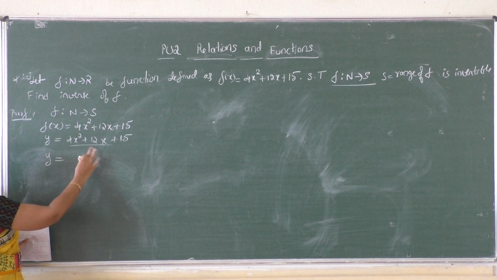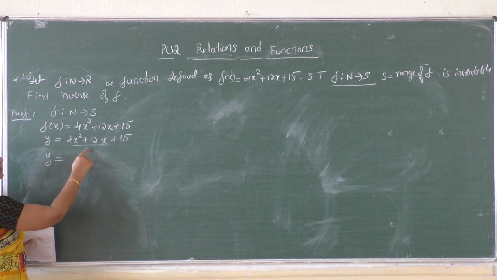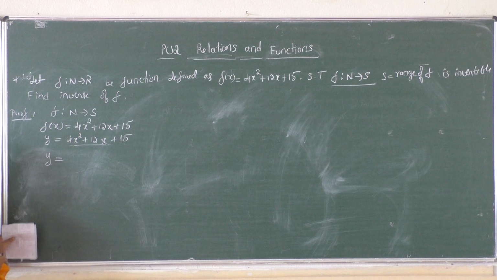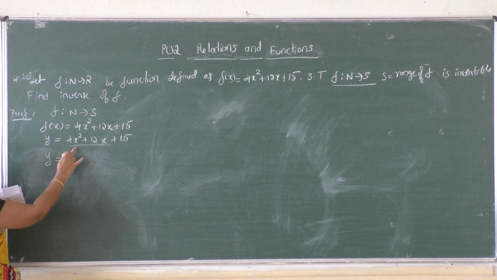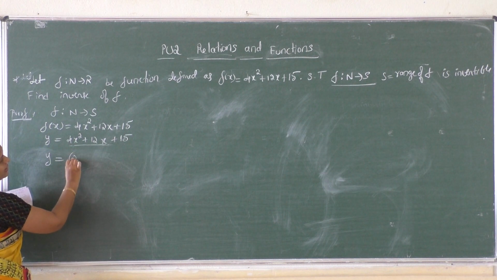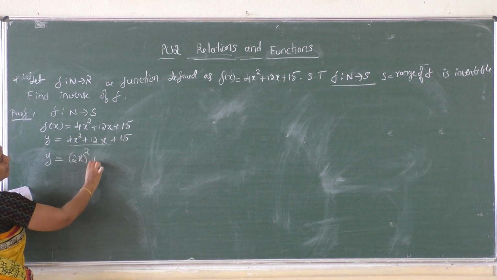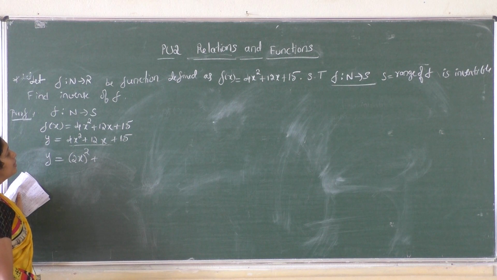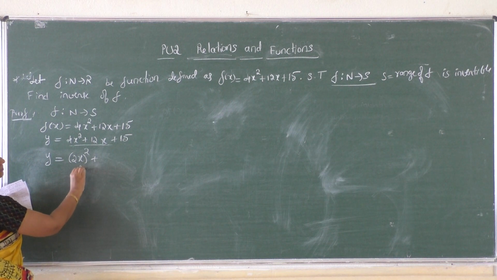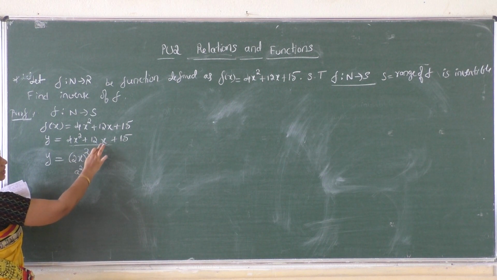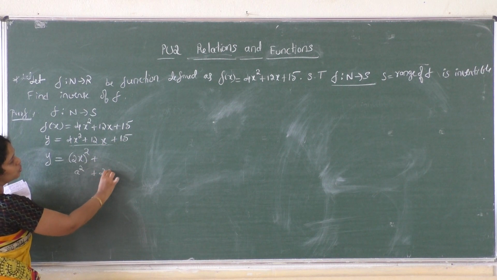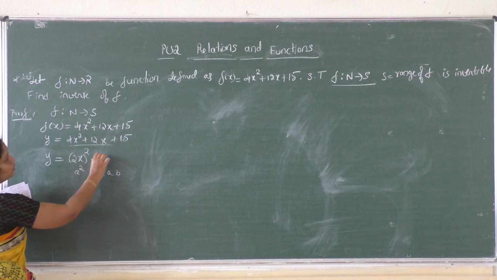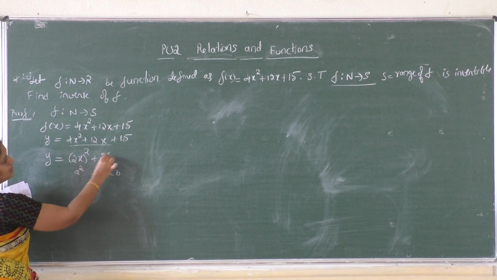This is not a perfect square, so you can make it one. 4x square I can take as a square, so I will write 2x whole square. 4x square is 2x whole square. Plus, now this is a square, 12x I want to write in the form a square plus 2ab plus b square. Now a is 2x.